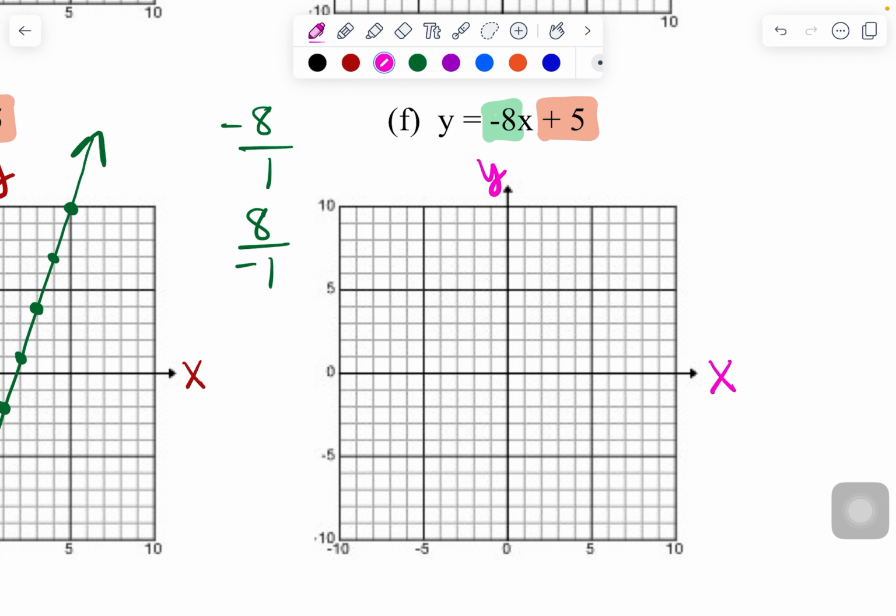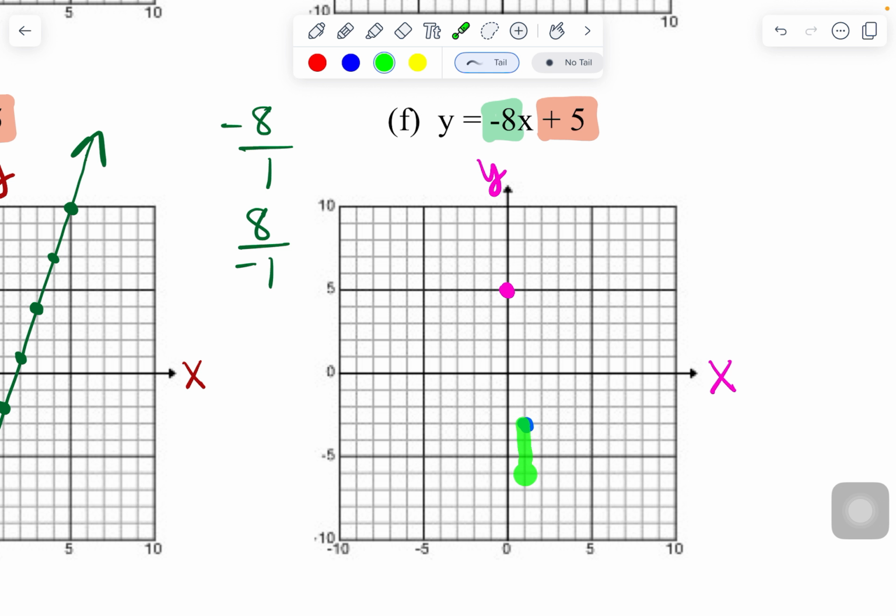All right, so there's x, there's y. Let's go ahead and start off at a positive 5 here. And then negative 8 over 1. I'm going to follow those directions. So I'm going to count down 8 spaces. That's a lot. 5, 6, 7, 8, and then to the right 1 space. And I'm pretty sure I'm going to run out of graph if I try to count down any more.